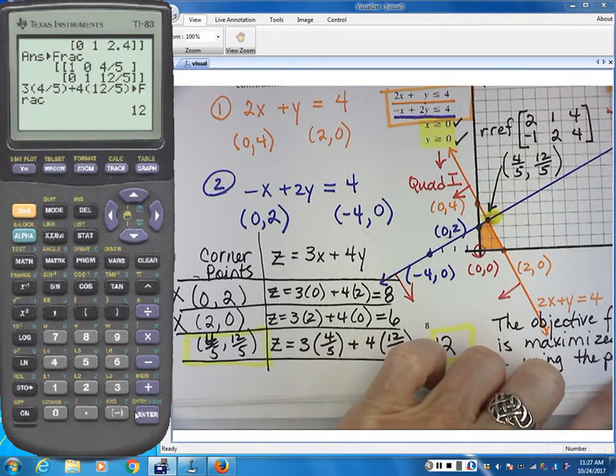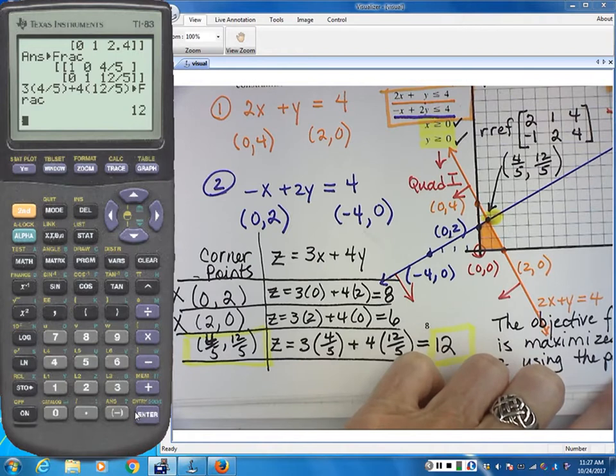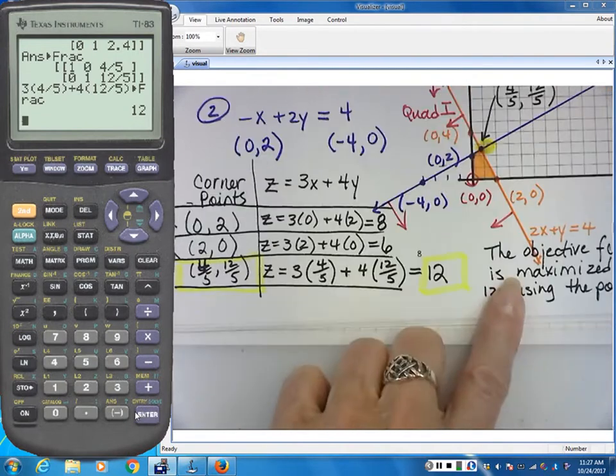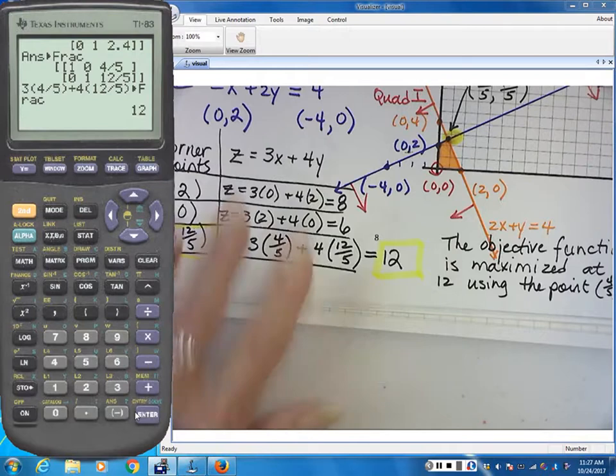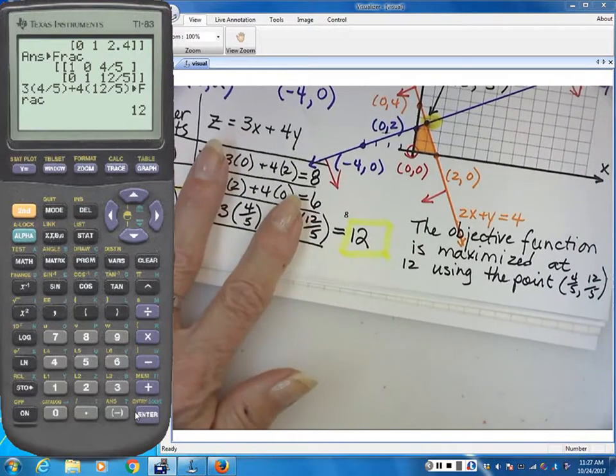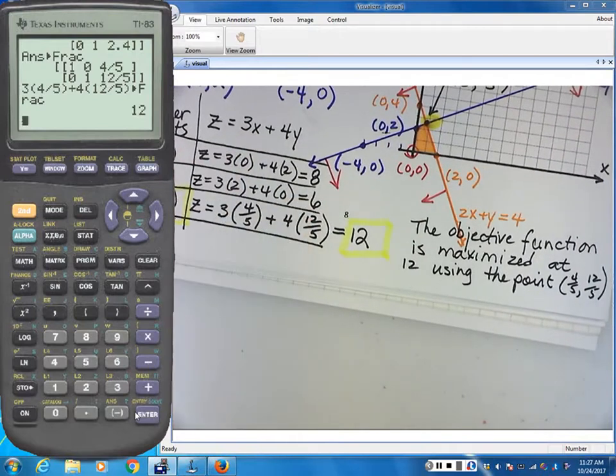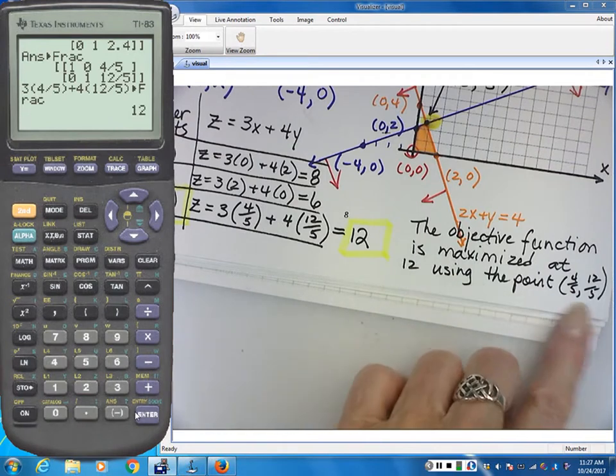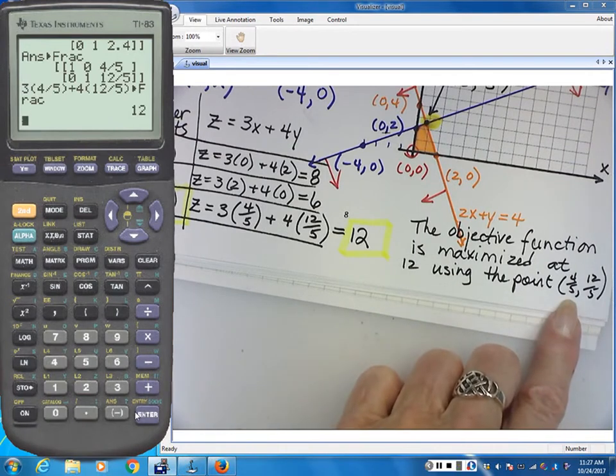The objective function is maximized at 12, which is the maximum value of the objective function, using the point 4/5, 12/5. Okay?